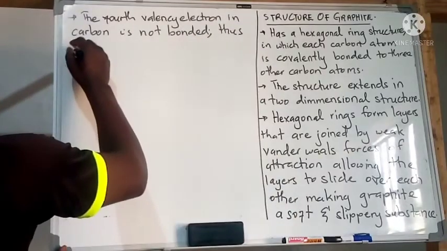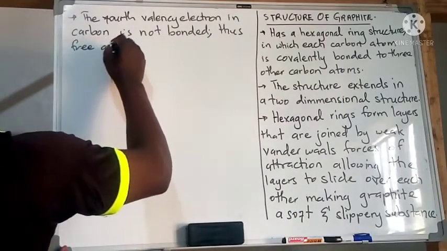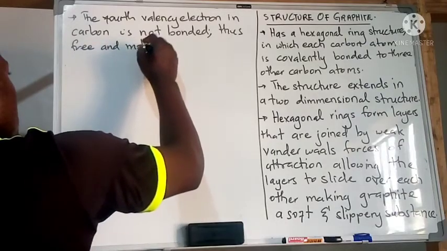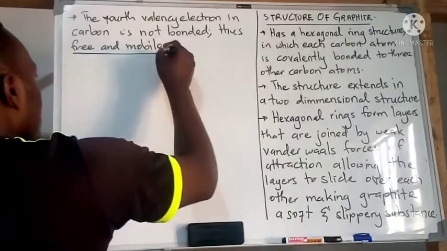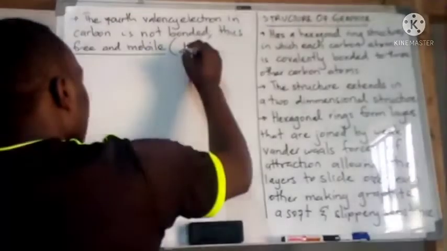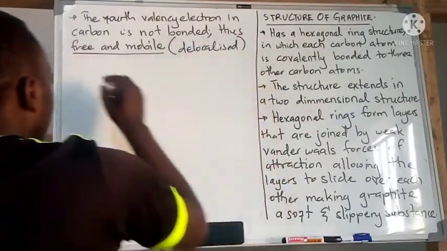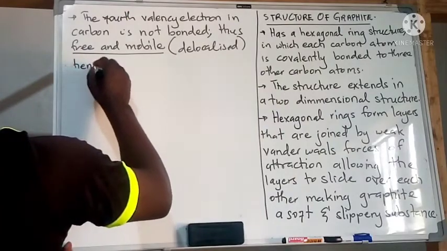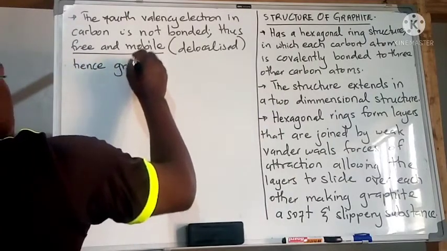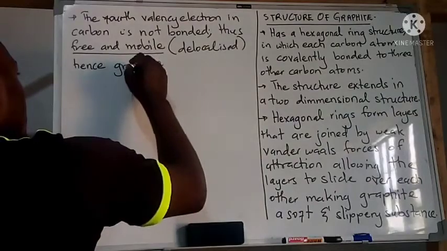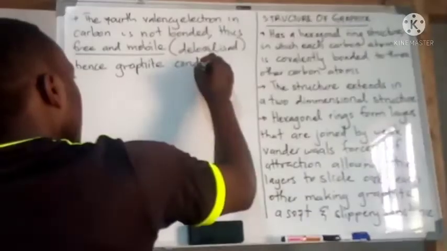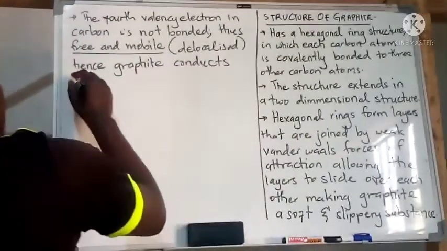Thus, free and mobile. These two words can be replaced by delocalized. Hence, graphite conducts electricity.